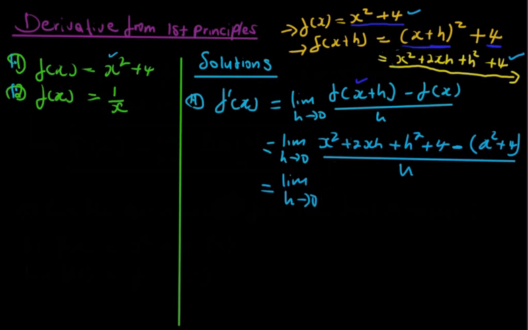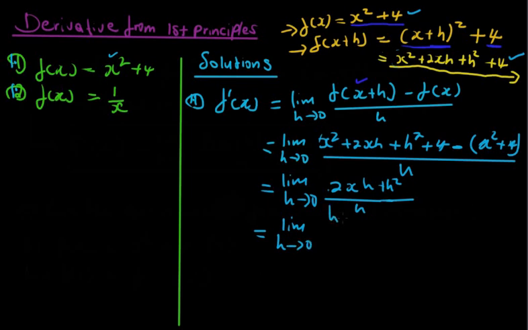Then when you solve this, the x squared will cancel with the x squared, and the 4 will cancel with the 4, because this one will inherit a negative sign, and you will be left with 2xh plus h squared over h. Due to time, I'll try to be faster. Then you will say limit h approaching 0.